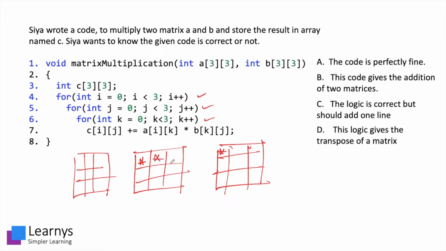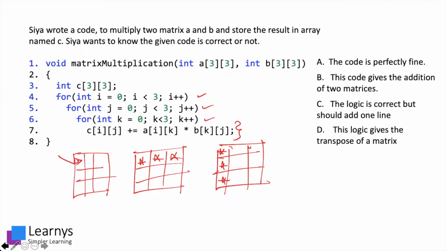Then this column is multiplied with this column, this particular cell, and the value is added. This and this is multiplied and the value is added, and the value is particularly stored here. If you look at this particular line, this is what's happening. We are multiplying correctly and adding correctly and storing in the right value, right index. So I ask again, is there a problem in this question?